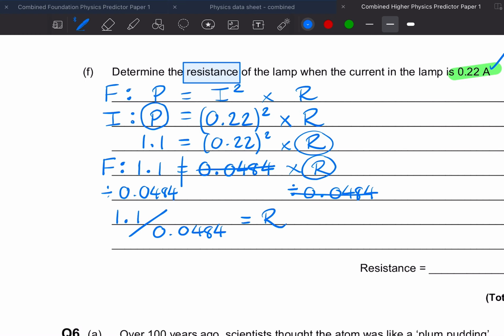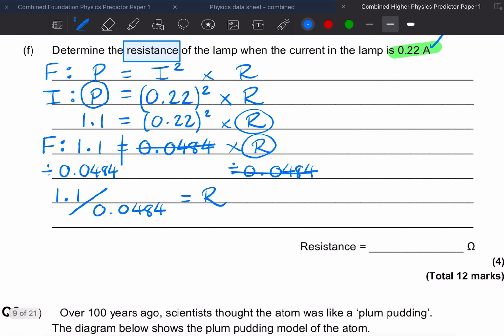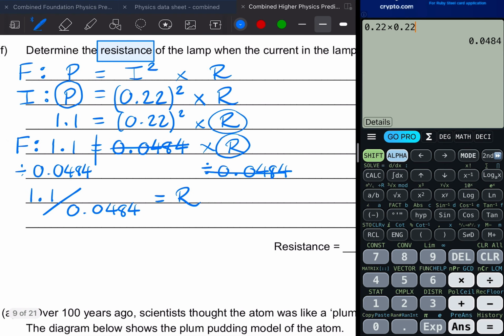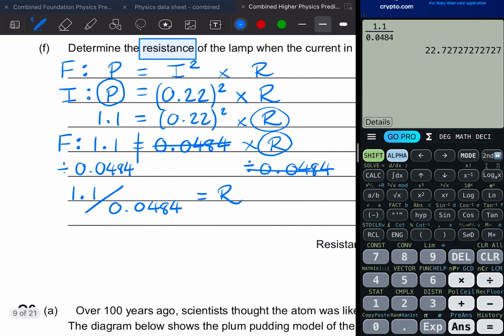Okay, so let's go to our calculator and figure that out. So 1.1 fraction 0.0484, and we get the answer, 22.7272.